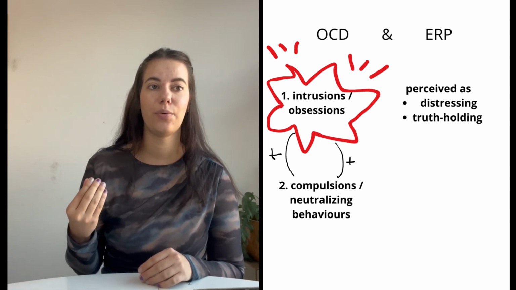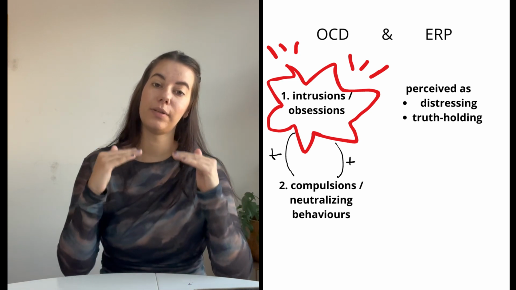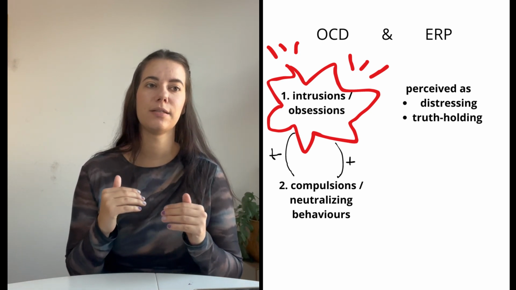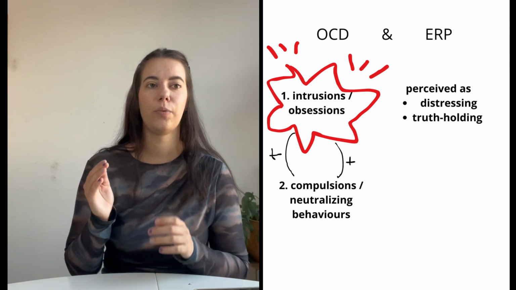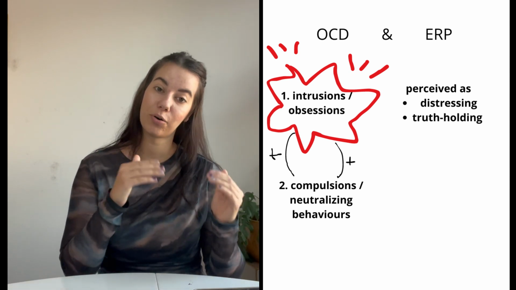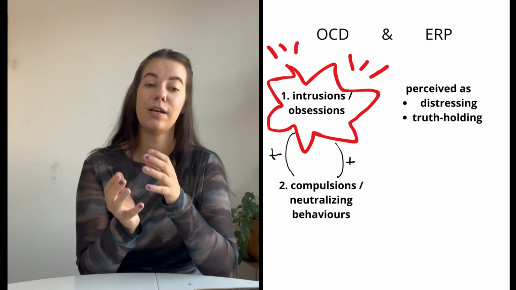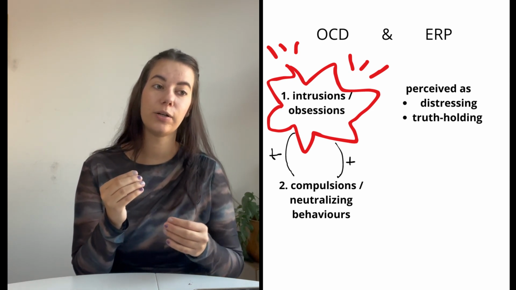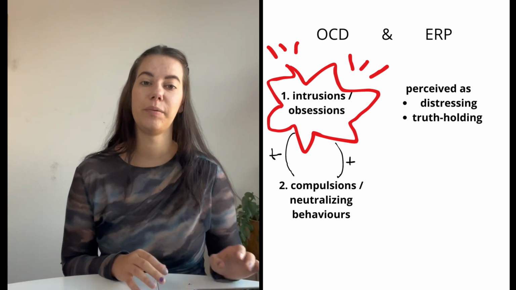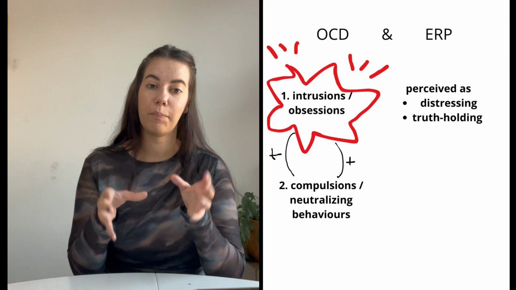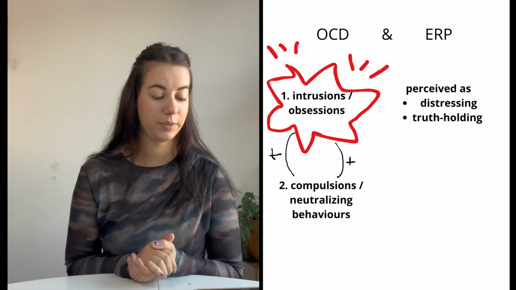In the short term, the distress might become less, but over time, we see that it becomes a very negative cycle, where the more intrusions someone has, the more compulsions, the more this idea that intrusions are indeed something that needs action. It gets stronger and stronger. People have more behaviors. And eventually that is often the point people come to therapy, because the compulsion in itself becomes so time-consuming and energy-consuming.